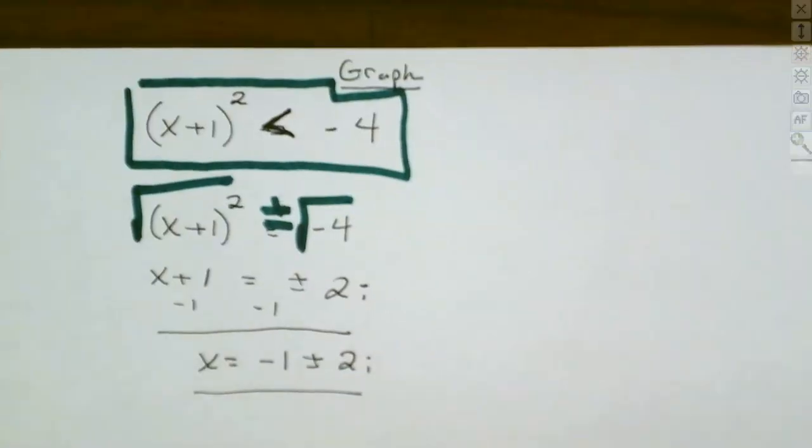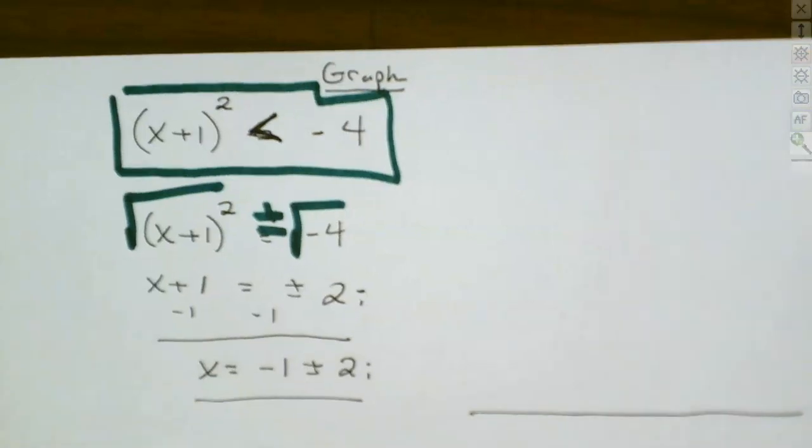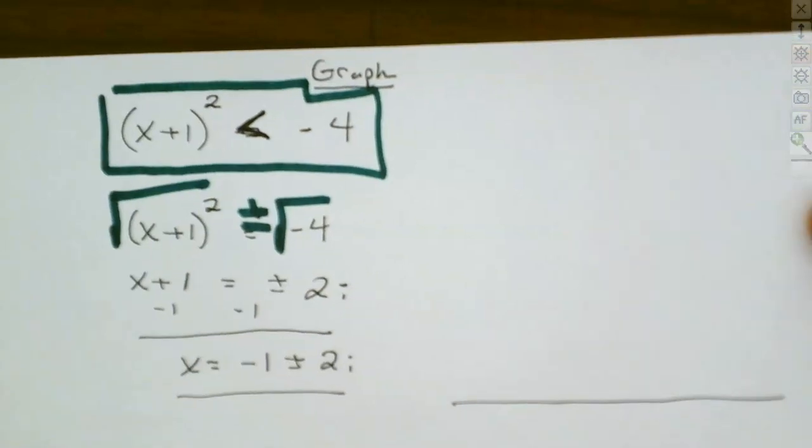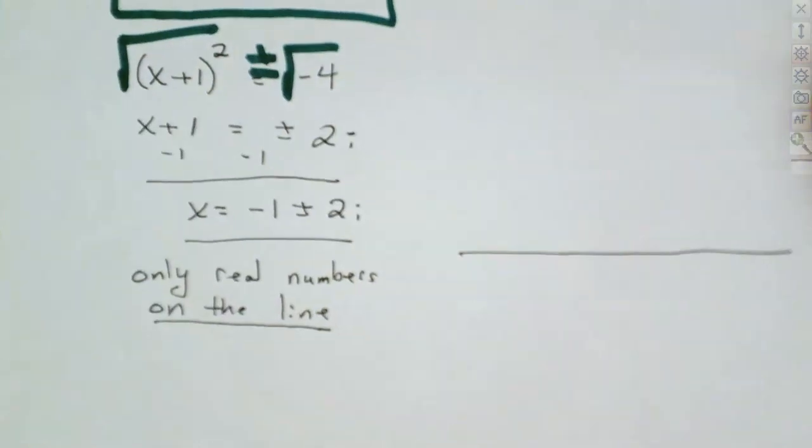Now, how is this one different from all the others? Well, this one is different because when I look at my number line, do I have imaginary numbers on this number line? No, it's only real numbers on the line. So if it's only real numbers on the line, then it is either always true or always false.